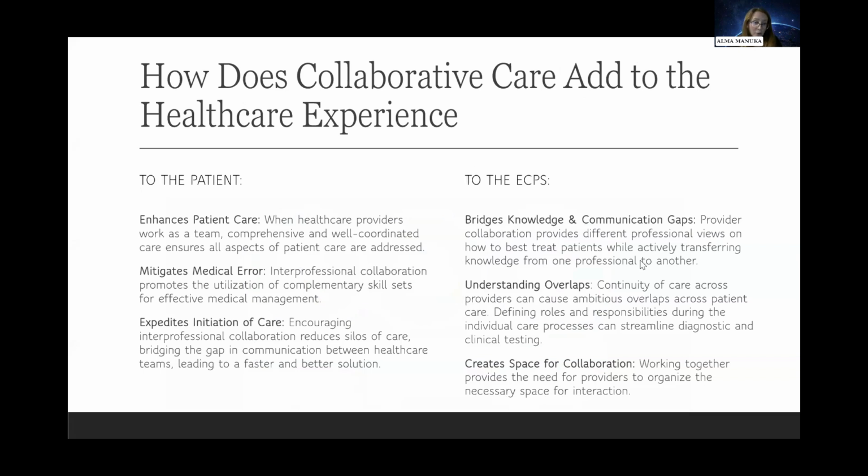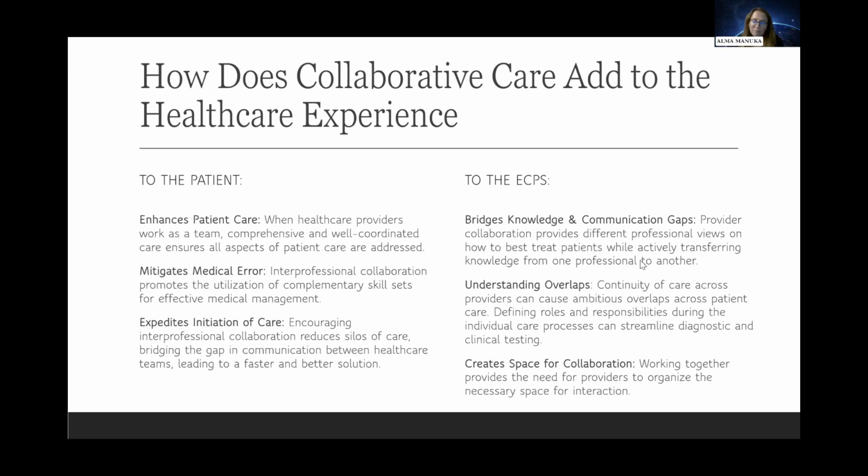It expedites the initiation of care. You encourage interprofessional collaboration because it reduces silos of care, it bridges gaps in communication, and it leads to faster and better solutions all the time. And I am very much aware that there might be conflicts or misunderstandings, but everything can be overcome.